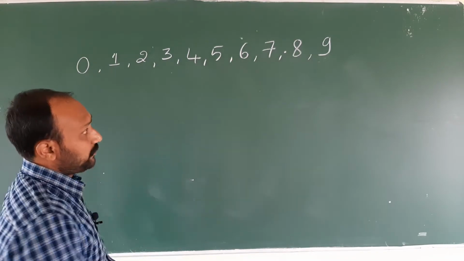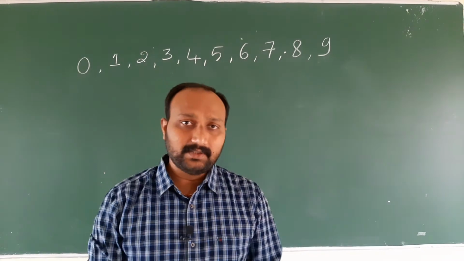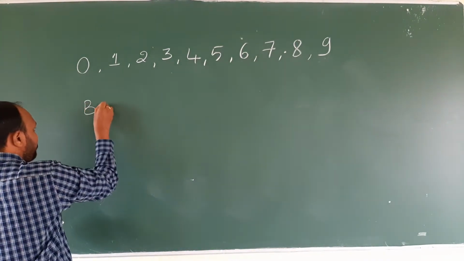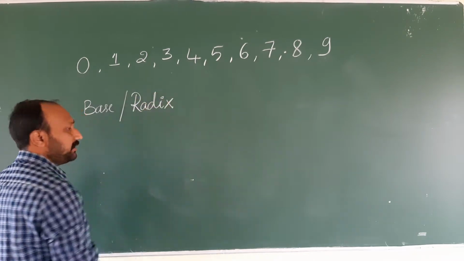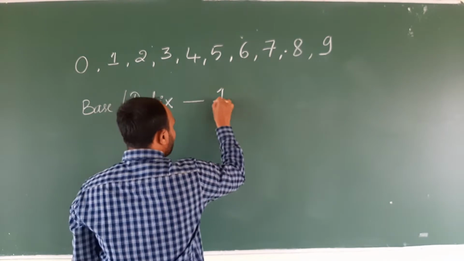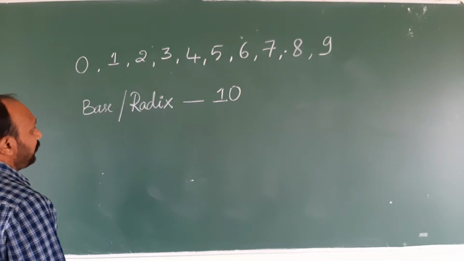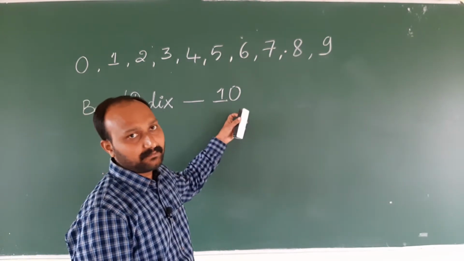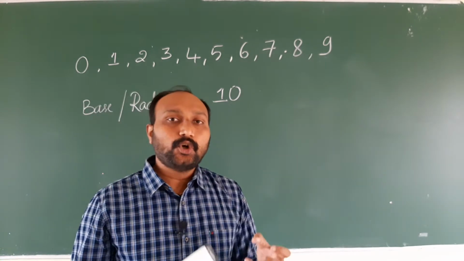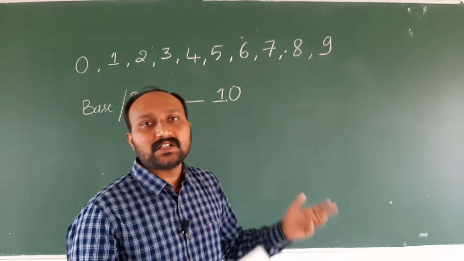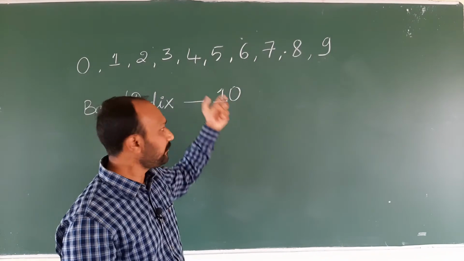Totally how many symbols are we using here? From 0 to 9, we use totally 10 symbols. So, what is the base or radix of decimal number system? It is 10. Already I told you that base is nothing but the total number of symbols or digits used in a particular number system. So, the radix of decimal number system is 10.